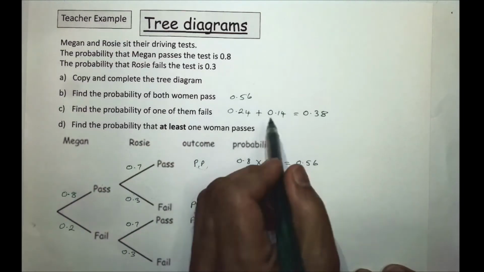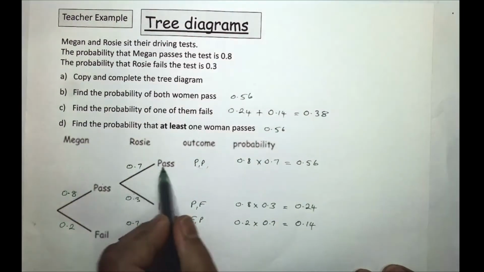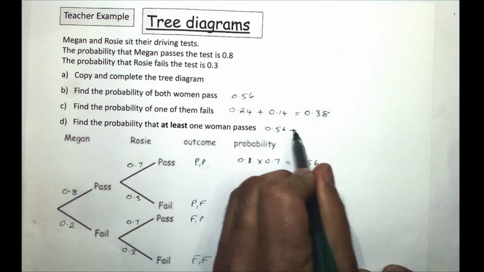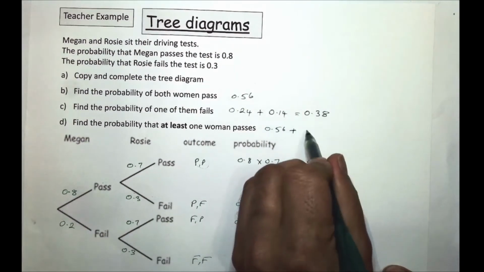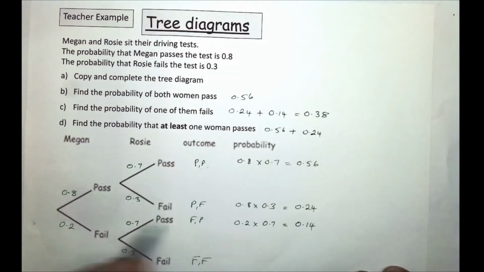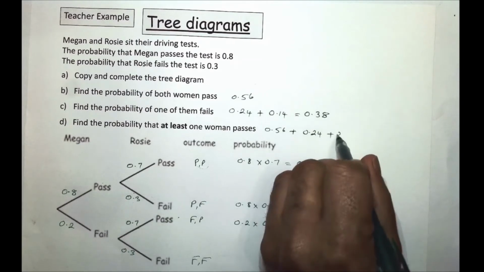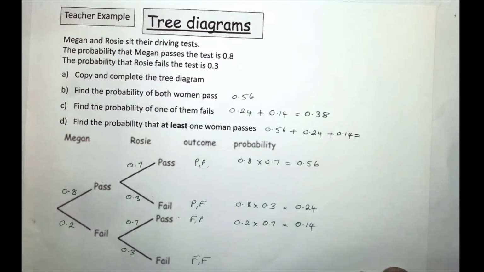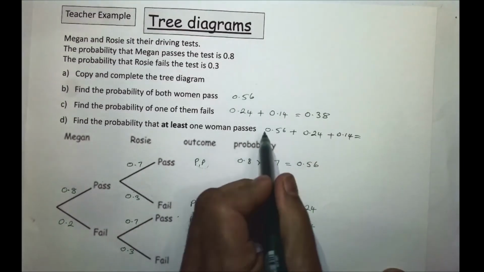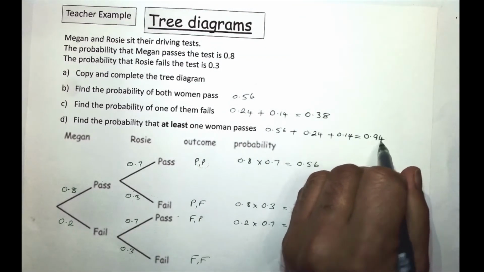What we need to do is add these three: 0.56 for pass pass, 0.24 for pass fail, and 0.14 for fail pass, which gives me a total of 0.94.